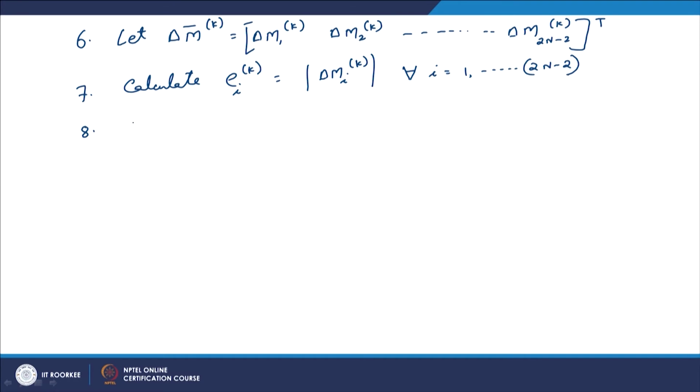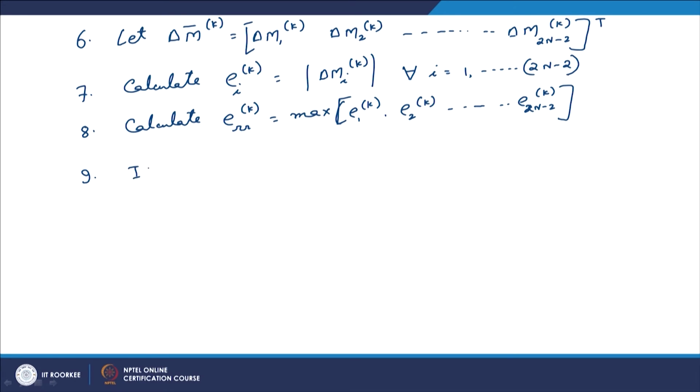Then we calculate error at k as the max of e1 k, e2 k. Please remember that in this step everything is positive, so there will be some maximum quantity which would indeed be positive. So we take the maximum of them.